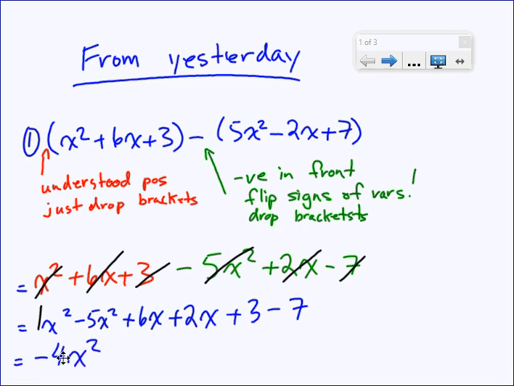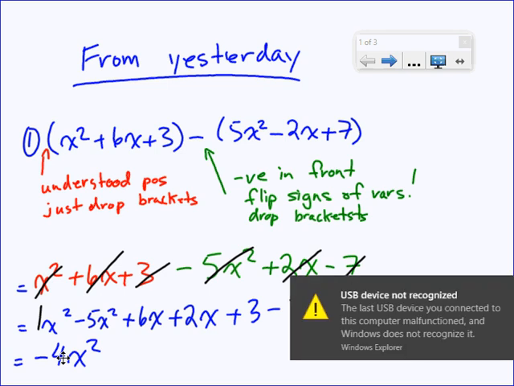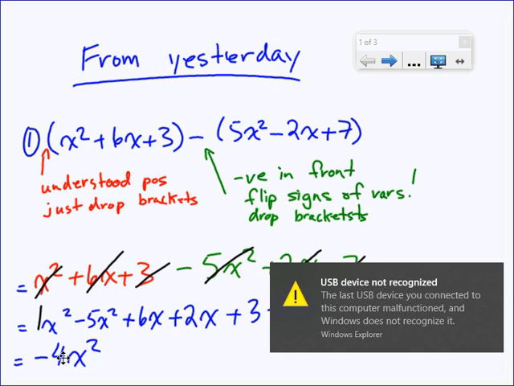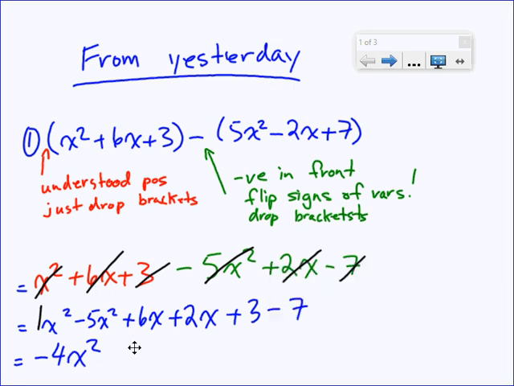Now, for the second portion of our equation, we have 6x plus 2x, which is just 8x. And then we have plus 3 minus 7, which gives us negative 4. And we are done. That's it.